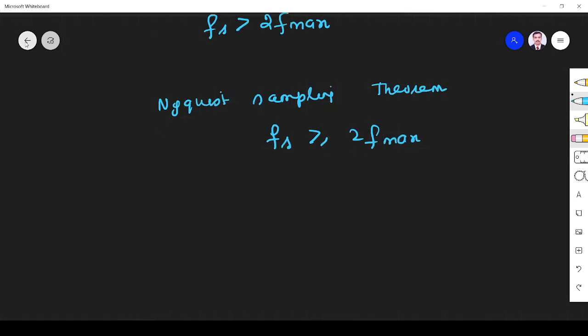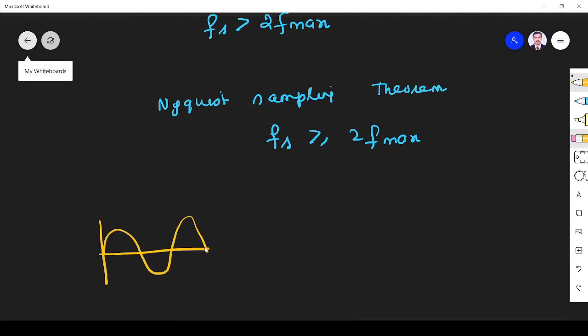Suppose I have a signal like this, where this is 1 second, t, and this is amplitude. The frequency is 2 hertz. Sorry, I redraw the circuit.